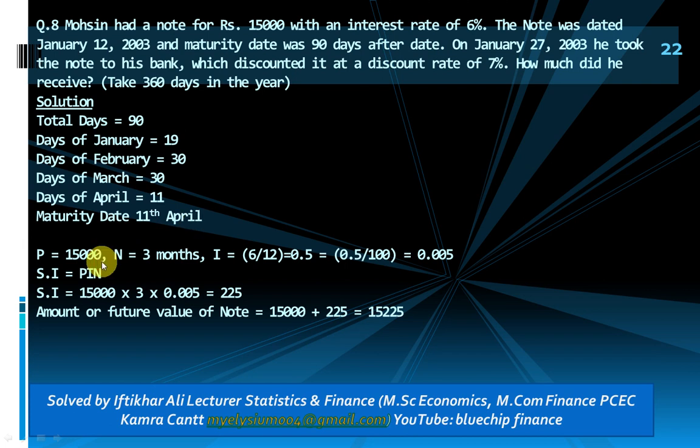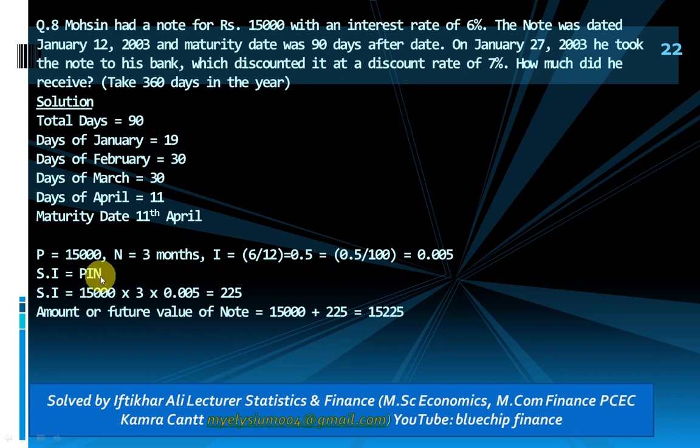Now after taking the maturity date, first of all we note the data: the principal amount is 15,000, and n is 3 months. The interest rate is 6% annually, and we want to calculate monthly, so there are 12 months in a year, 6 by 12 will be equal to 0.5, and in fraction it will become 0.005.